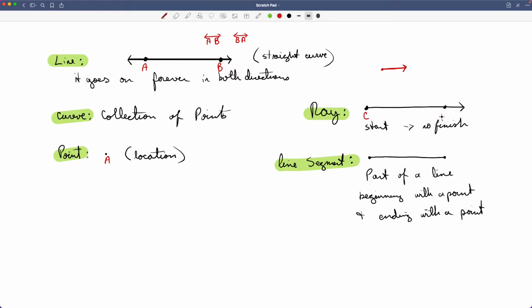So if this was ray CD, and C was the point where it started, you would write CD just like that, and you'd write it much smaller. What I like to do is do C, D, and then just draw my little line with the arrow over the top. But it always has to have the C, or the point where it's starting, at the beginning here. That is how you have to write that.